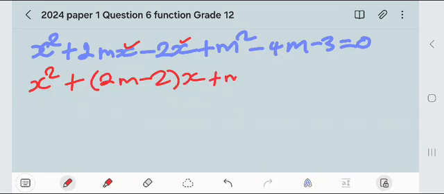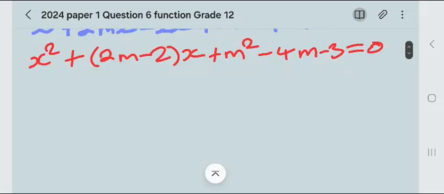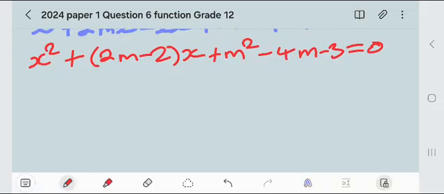With plus m squared, here I have minus 4m minus 3 is equal to 0. Why I did this is because I want to use the standard form of a quadratic, ax squared plus bx plus c.